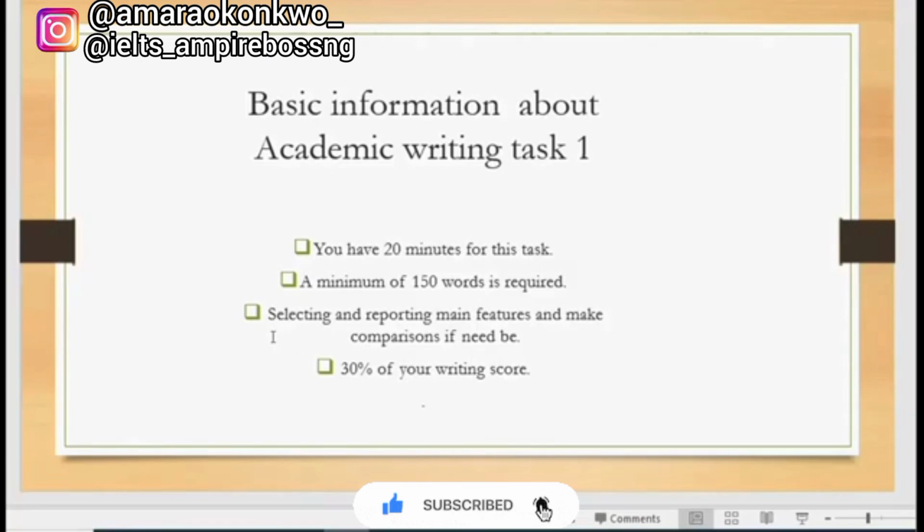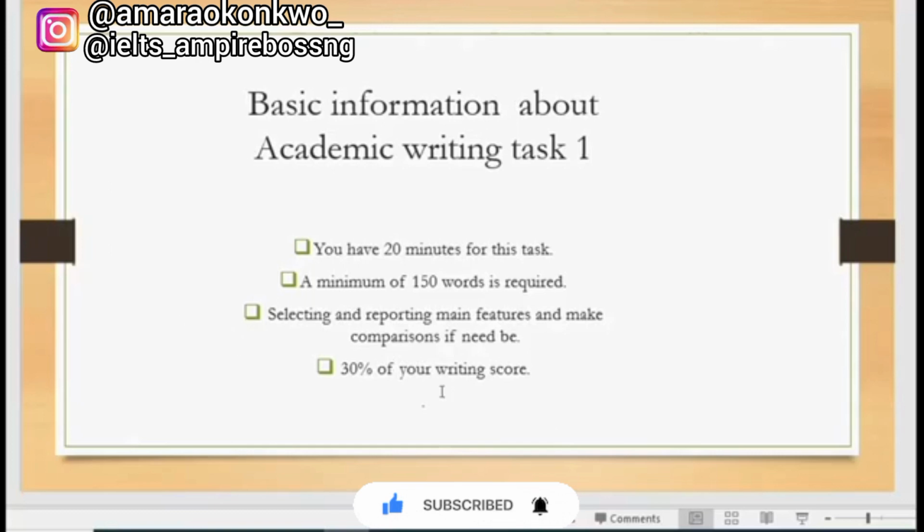It could be a diagram, a map, a table, pie chart, bar chart, line graph, etc. All these items are just different ways to represent data. So information will be given on them, and then you'll be asked to select the key features or the main features and make comparisons between similar data sets.